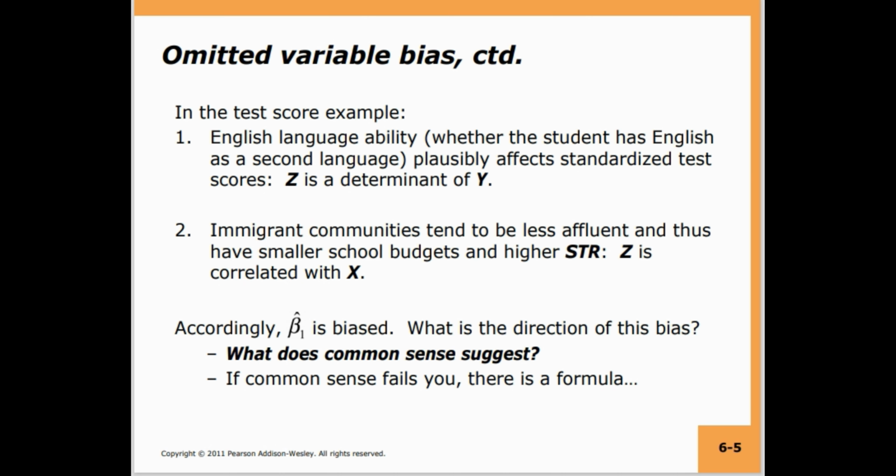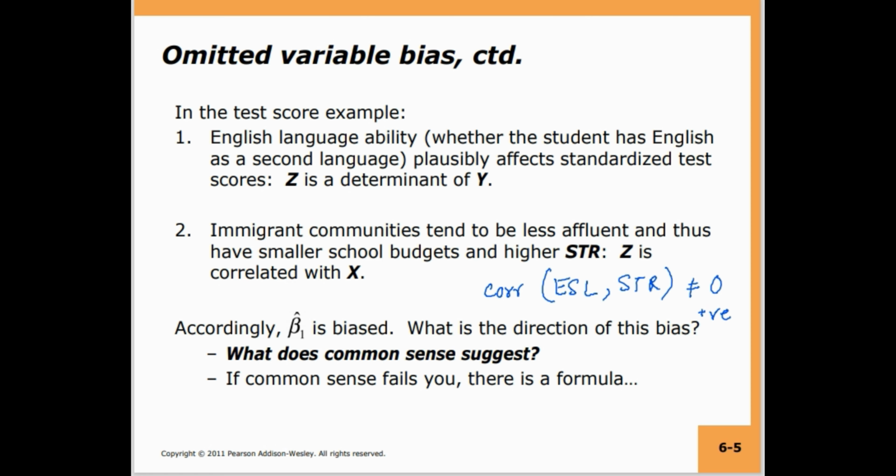So in fact, schools which have a larger number of students with English as a second language may also have a larger student-teacher ratio, and hence the correlation between English as a second language and STR is not equal to 0. So this will probably be some kind of a positive number.